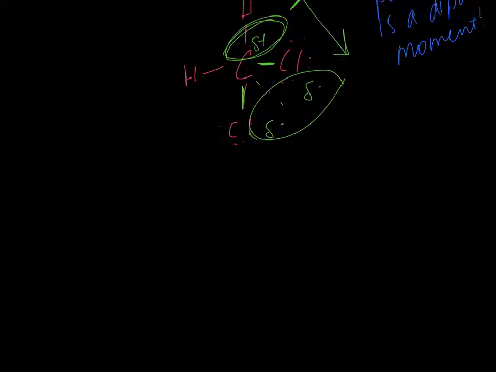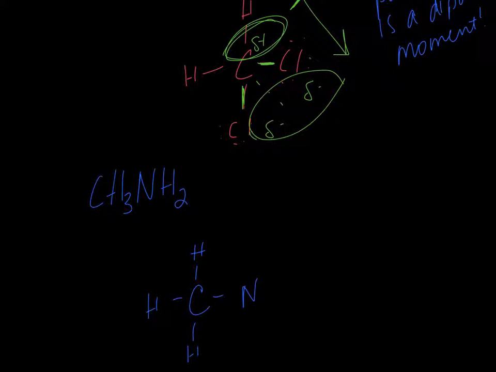All right, and the last one that I'm going to go over is CH3NH2. So it's written like this. And if we draw it out, I'm going to have carbon with 3 hydrogens on it, and then nitrogen with 2 hydrogens on it.